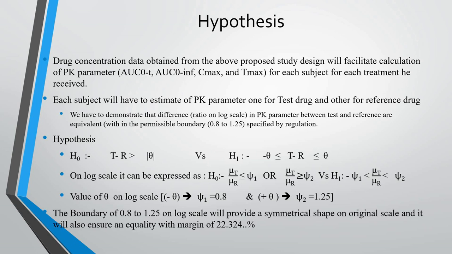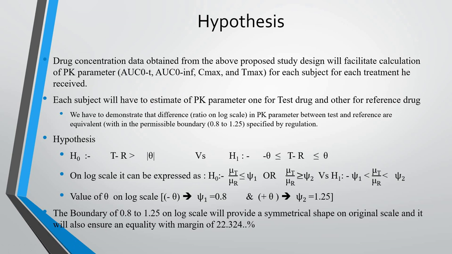Similarly, what he gets in period 2 as reference, these PK parameters have been calculated. And so on for every subject. So every subject has two sets of data, one for test and one for reference, for each PK parameter.